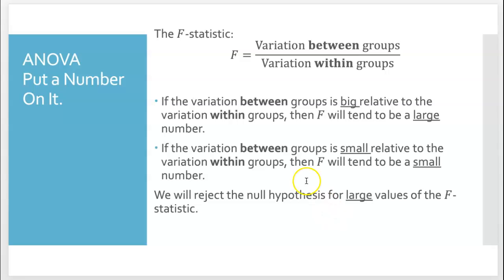As far as the numerical quantity, what's our F test statistic? F is equal to the variation between groups over the variation within groups. If the variation between groups is big relative to variation within groups, then F will tend to be a large number.